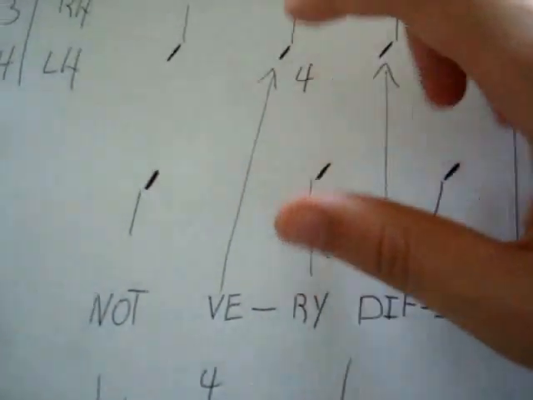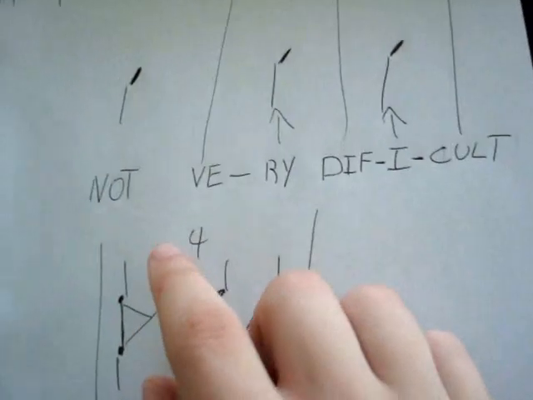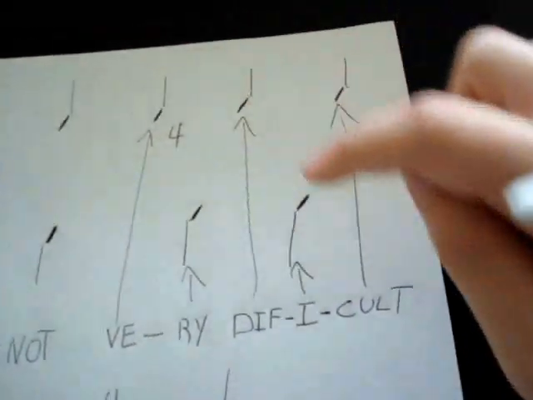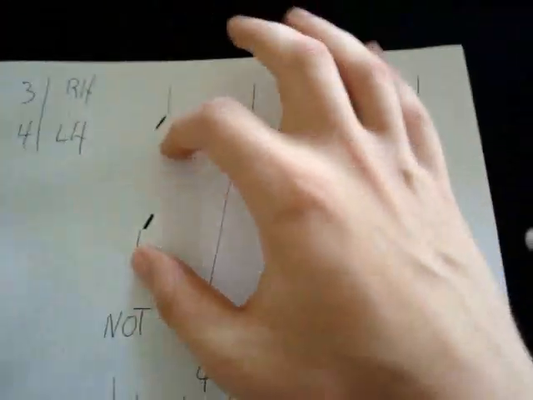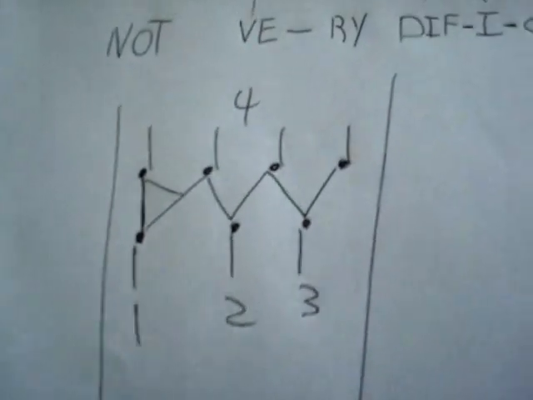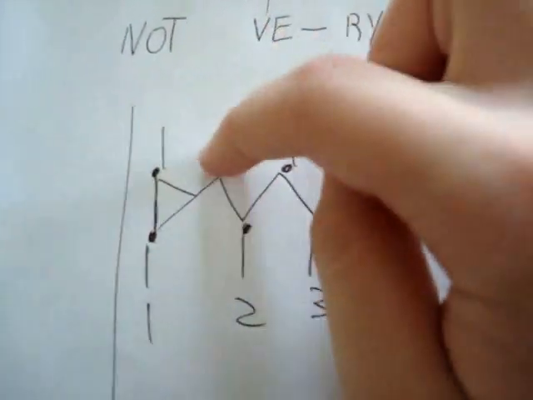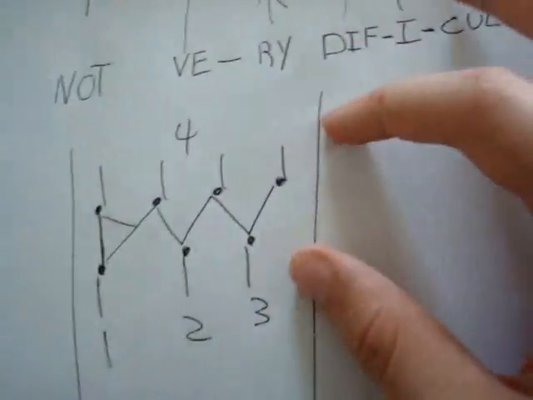Now all you're doing is adding one word, 2 syllables. So it's: not very difficult. Not very difficult. Not very difficult. Like that. Now it looks sort of like this. Not very difficult. And then I just keep going on.